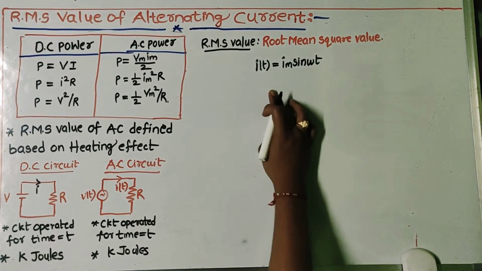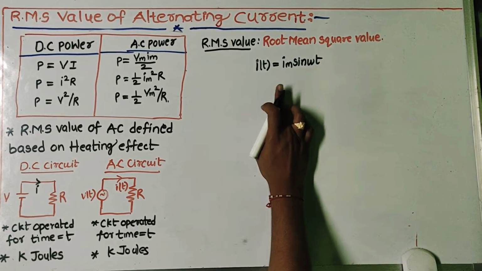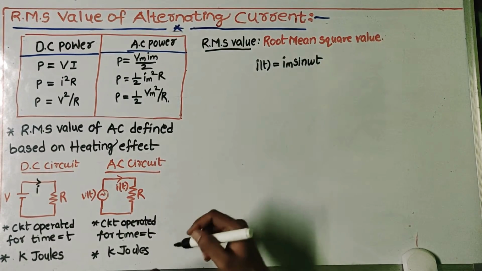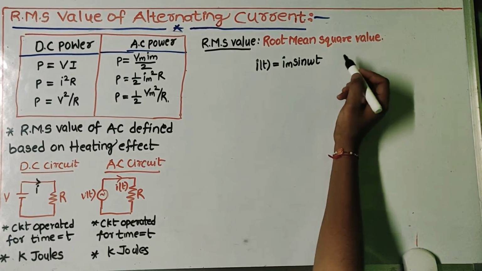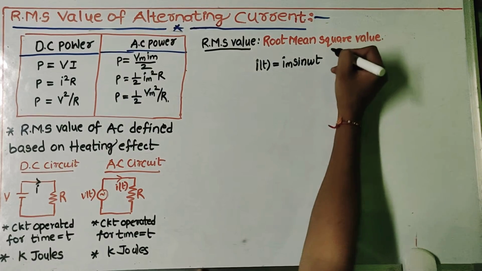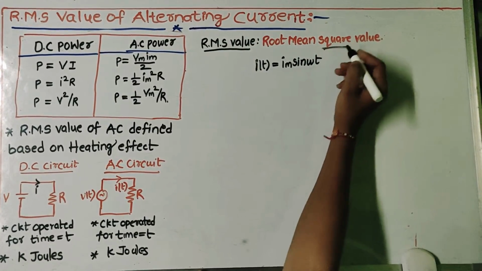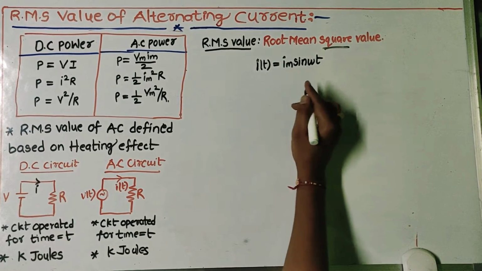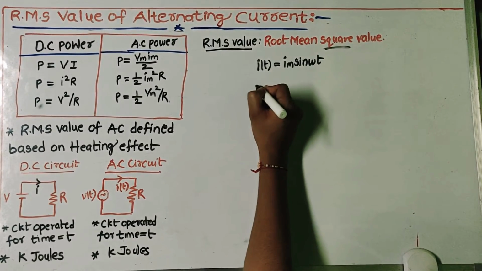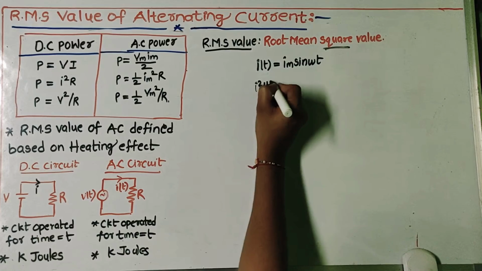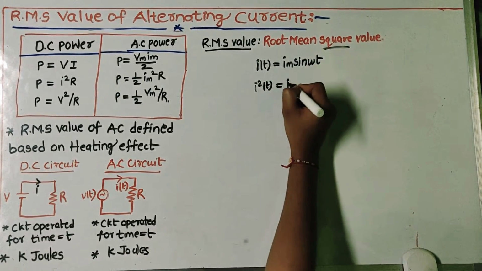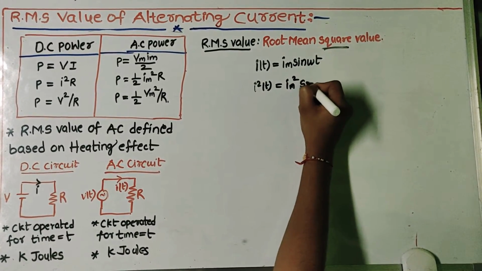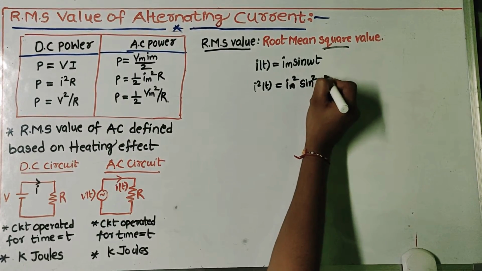I want to find the RMS value for alternating current. So just see the full form of RMS value. What is the first term here? It is squaring. First you square the quantity for which you want to find the RMS value. If you square, you will get i square of t equals Im square sin square omega t.